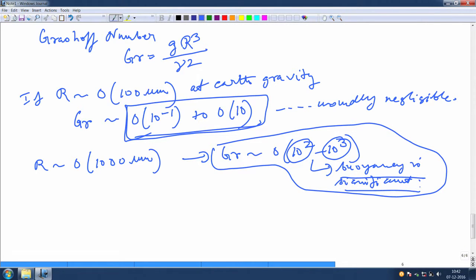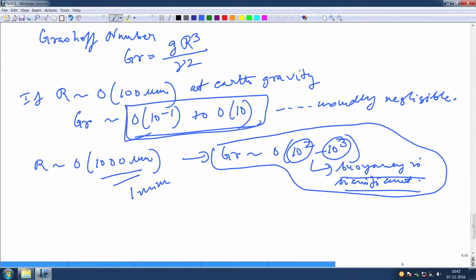So, the buoyancy effect does become very significant in this particular case, right. So, it happens in the case of large droplets, these are 1 millimeter droplets, right. So, with a 1 millimeter droplet you can have a significant natural convection effect.